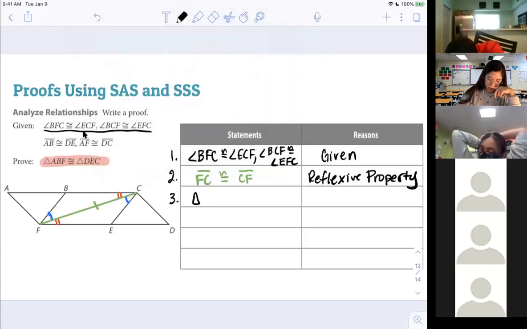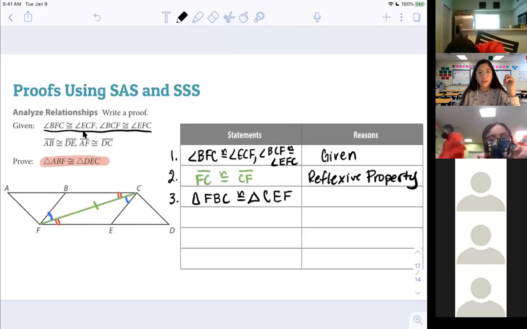So I know triangle FBC, who can finish that statement, is congruent to triangle CEF. Yeah. Nice job. And sorry, what was the theorem that I'm using here?